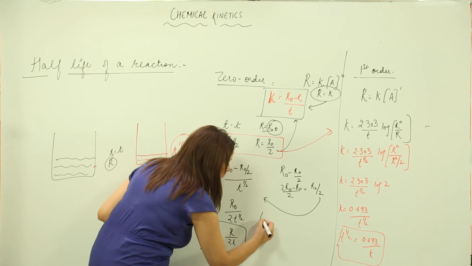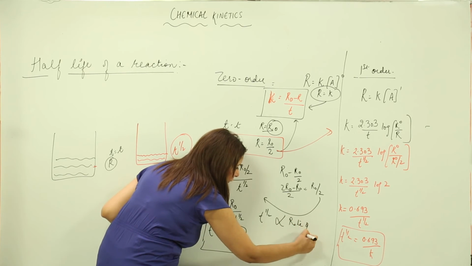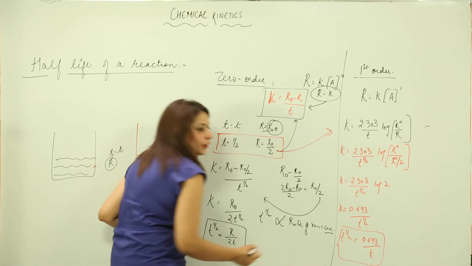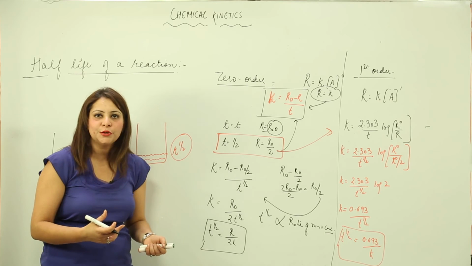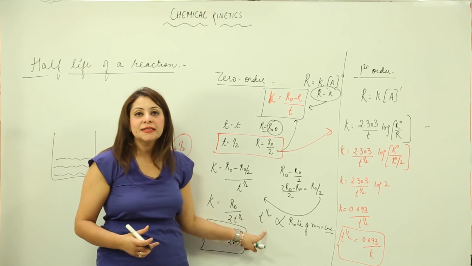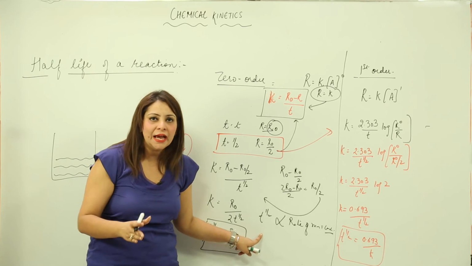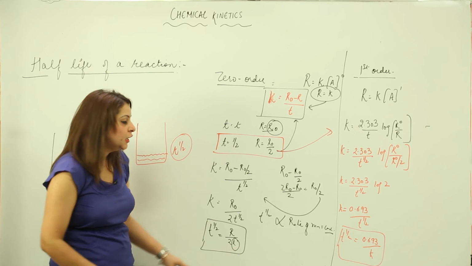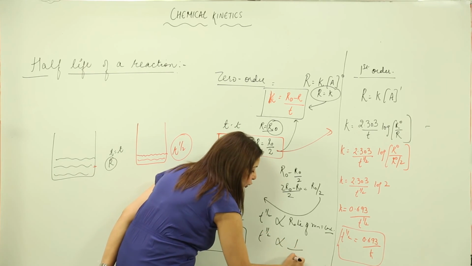T half is directly proportional to the rate of reaction, or we can say it is directly proportional to the concentration of the reactant, because the rate of reaction is the change in the concentration of a chemical species with time. So for 0 order, T half is directly proportional to the concentration of the reactant. And in the denominator we get K, so T half is inversely proportional to the rate constant.